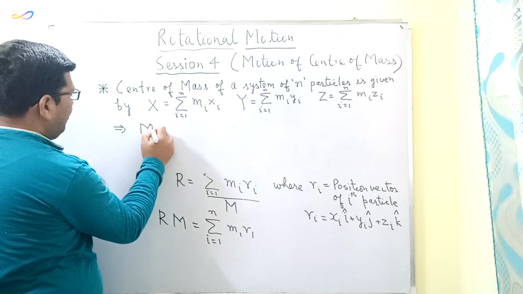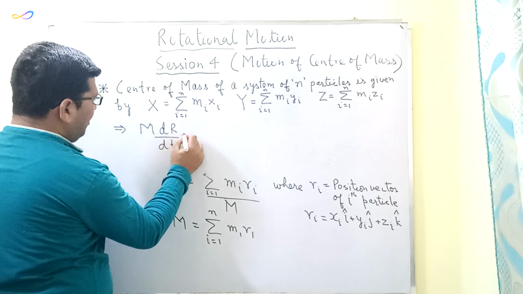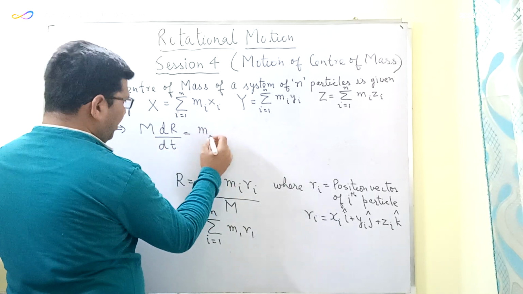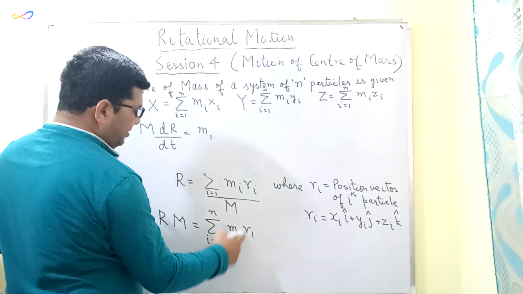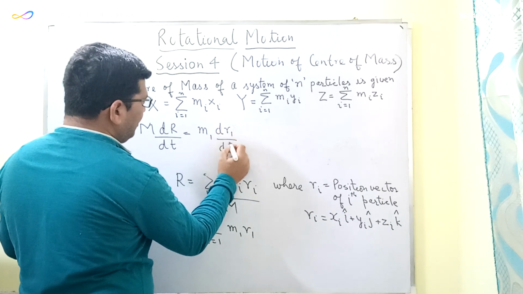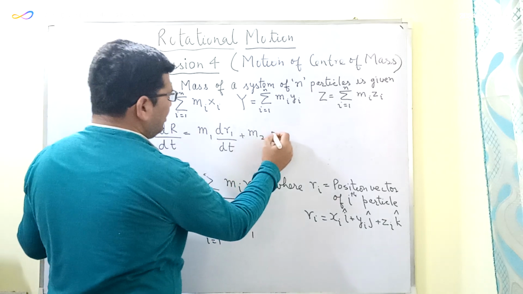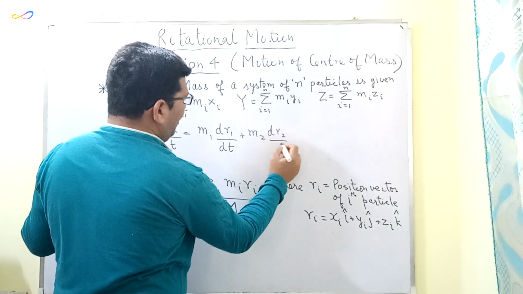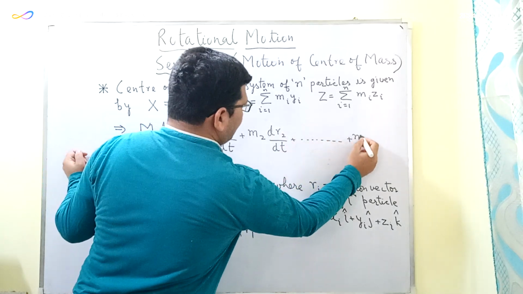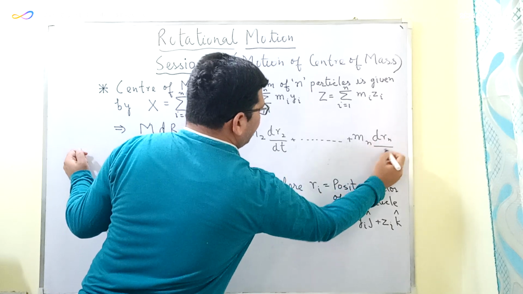This will be equal to M dr upon dt, and this will be equal to m1 dr1 upon dt plus m2 dr2 upon dt, and so on, plus mn drn upon dt.